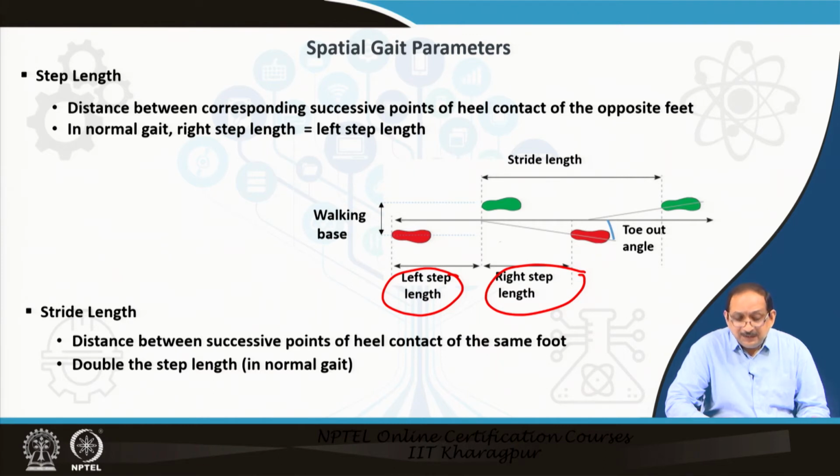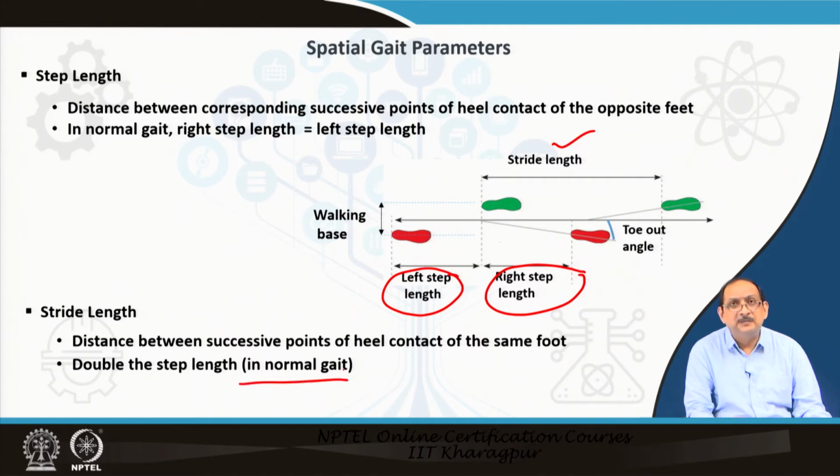The stride length is the distance of successive points of heel contact of the same foot, which is shown here. It is actually double the step length in normal gait.